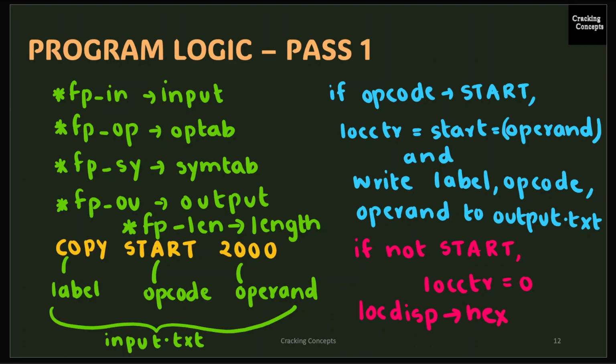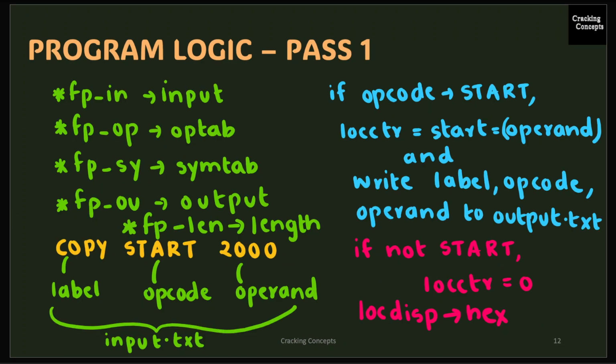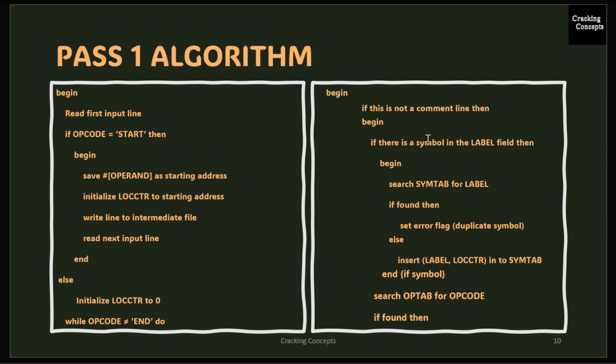Until then, as we saw before, it will check if there is any symbol present in the label field. If so, it will check in the symtab whether it has such a label or not. If the label is present in the symtab, it is marked with an error flag, because once a symbol is recorded in the symtab, the next time you try to record it again, there will be an error.